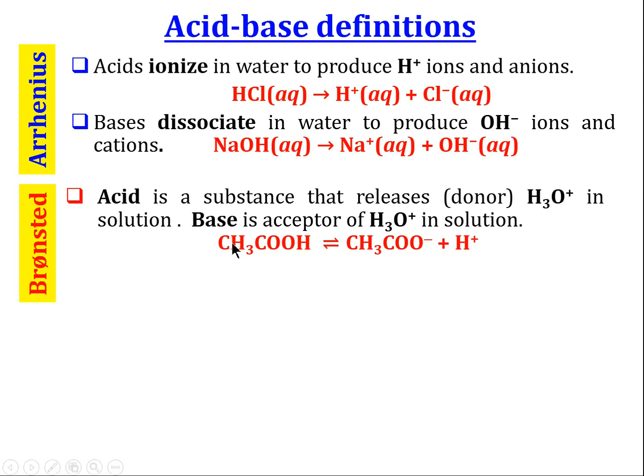Consider, for example, the dissociation of acetic acid in water. Acetic acid CH3COOH dissociates to CH3COO-, or acetate ion, and H+. So acetic acid is a donor of H+, acetic acid is an acid.